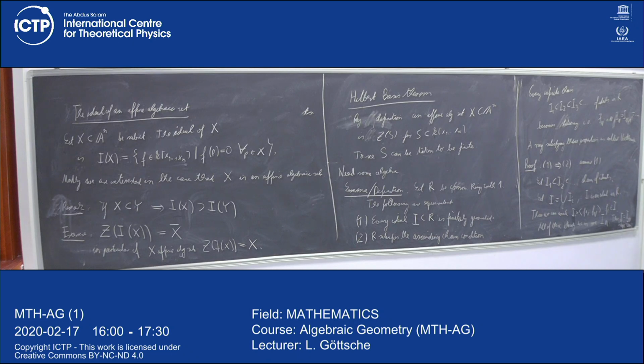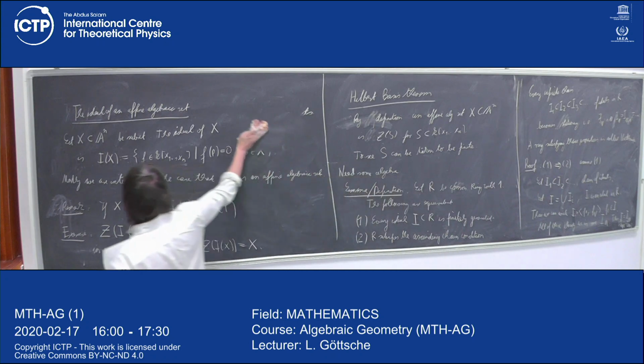So I need only all of these f_i, and afterwards the chain cannot become bigger anymore. Okay, so this is this direction, so I have to show the other direction. That's even easier.